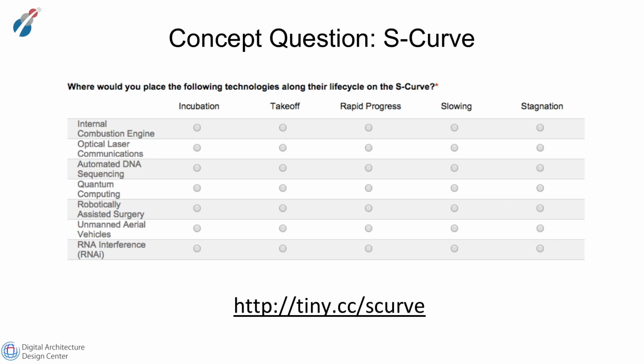Unmanned aerial vehicles, drones for various purposes, are making rapid progress. And then RNA interference, a new technology in the life sciences to not just fight diseases, but suppress diseases from expressing themselves in the first place. Definitely very new and still in the incubation phase.